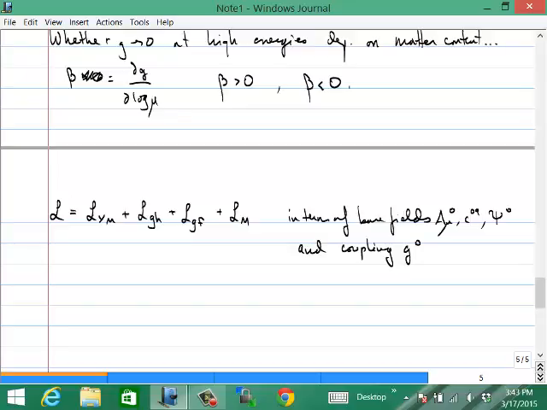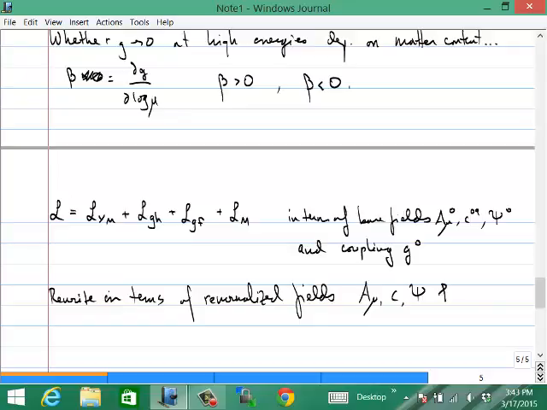And then we could rewrite this in terms of renormalized fields, what we usually call A, C, and psi, and the renormalized coupling, g.